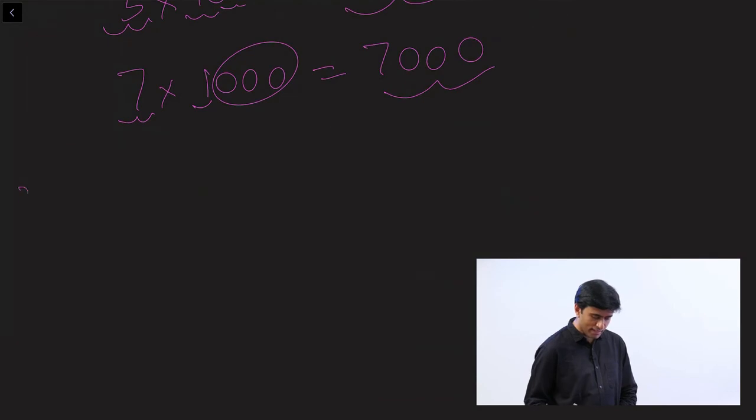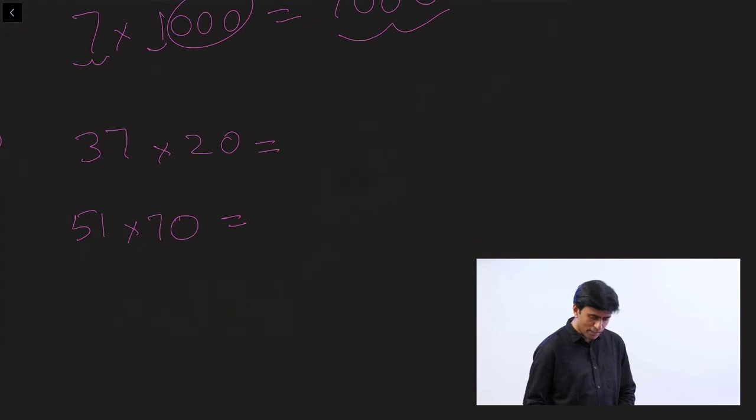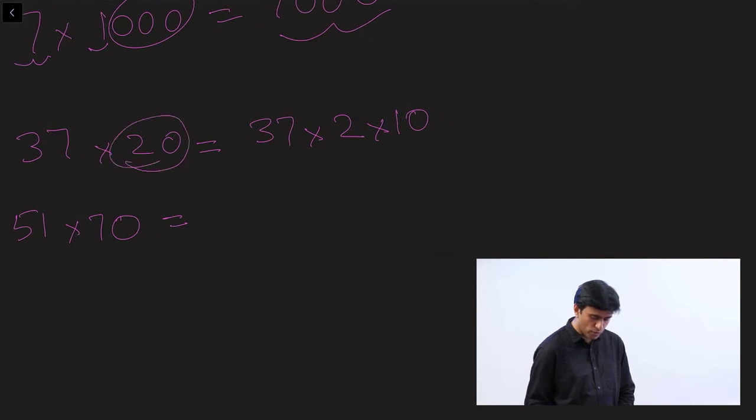Let's look at the next shortcut. If you have to multiply 37 into 20 or 51 into 70, this is how you can do it. You can simplify 20 as 2 into 10, so it becomes 37 into 2 into 10. And 70 is written as 7 into 10, so you can do 51 into 7 into 10.